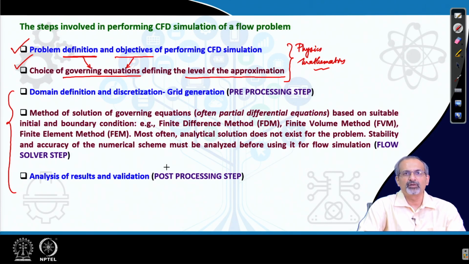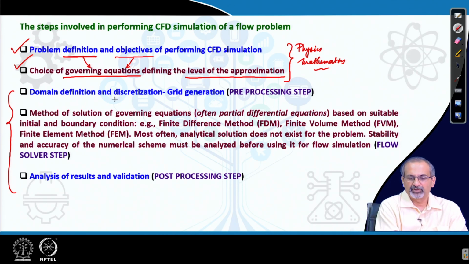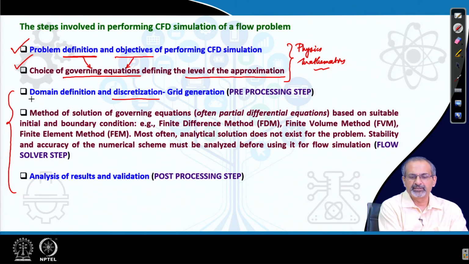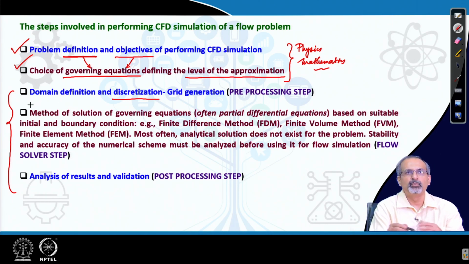Therefore, we cannot solve it at an infinite number of points both in space and time. We have to discretize the domain, and we have to reduce it down to a kind of finite dimensional problem. That is why we discretize a particular domain that we define for ourselves into a finite number of bits and pieces, and this is essentially what we mean by grid generation.